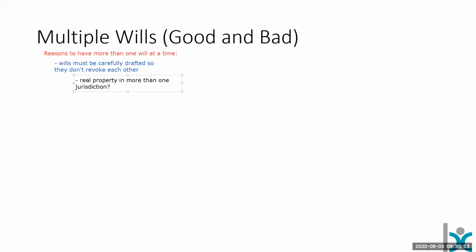Now, you don't necessarily need multiple wills there, and a lot of lawyers will say, no, we're just going to work with one will. We'll just make sure it meets the criteria for both jurisdictions. The more common one that you'll see is for owners of successful family businesses.